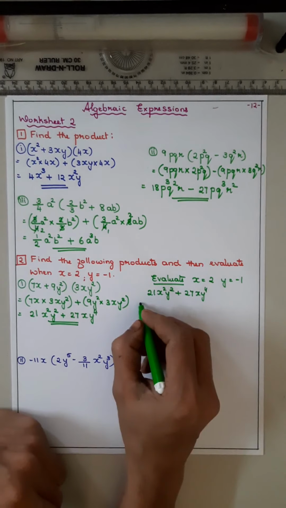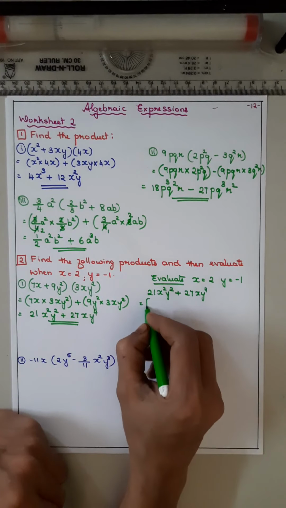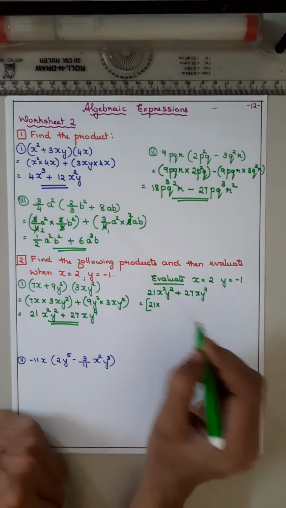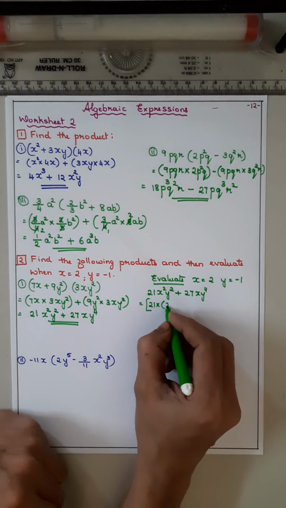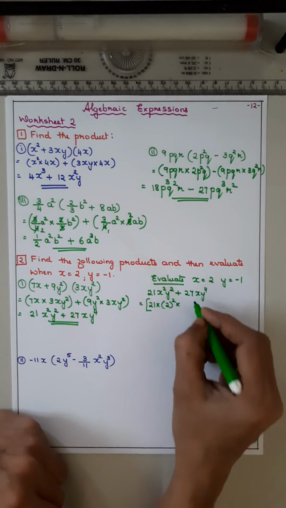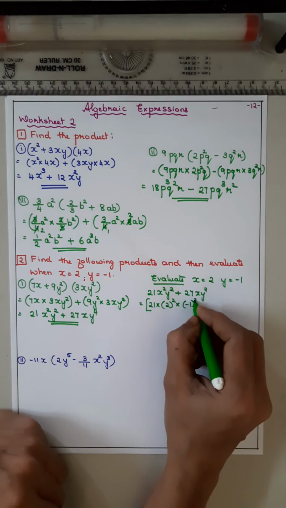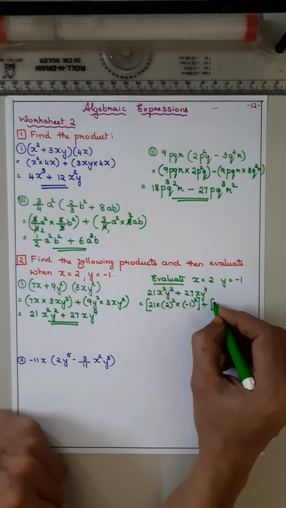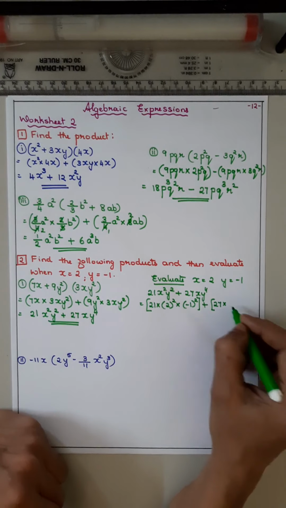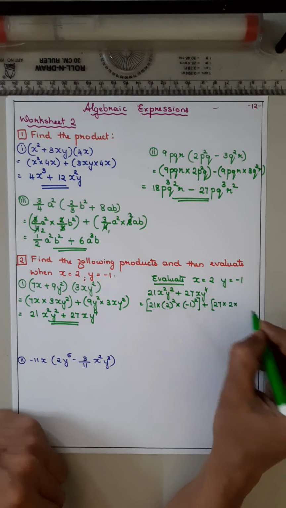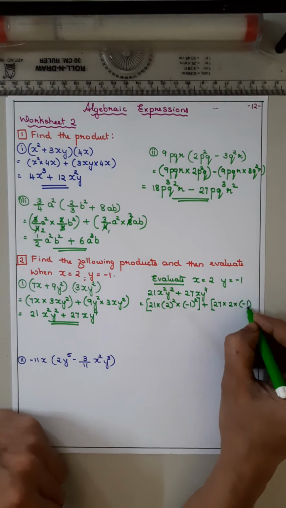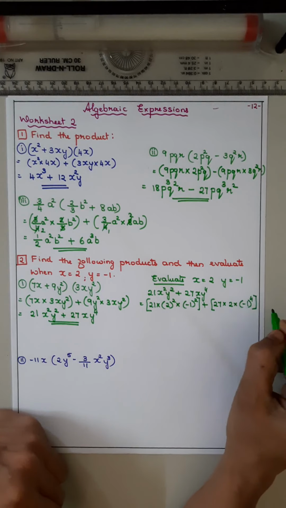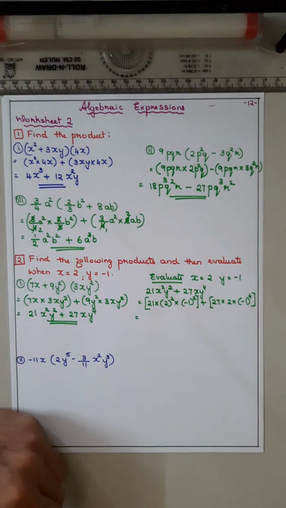Now you have to put the values. That is bracket open 21 into x is 2 squared, y is -1 squared, bracket close, plus bracket open 27 into x is 2, y is -1 the whole power 4. Now find the value.